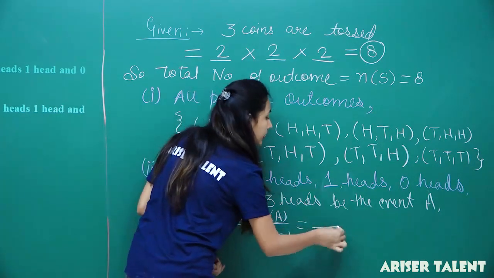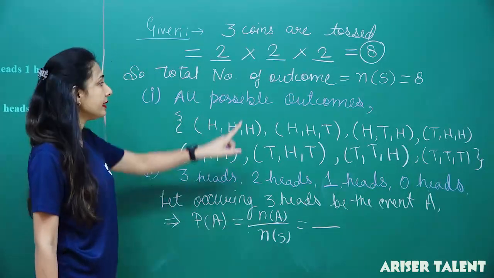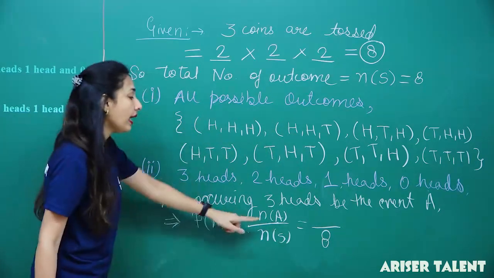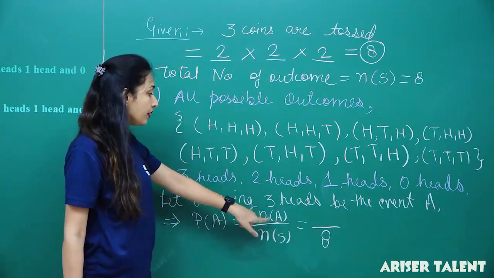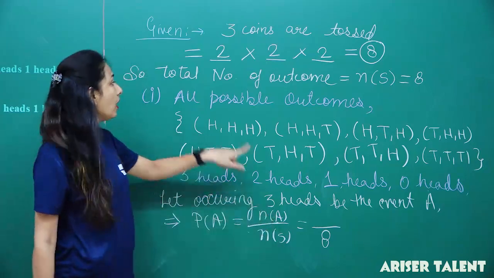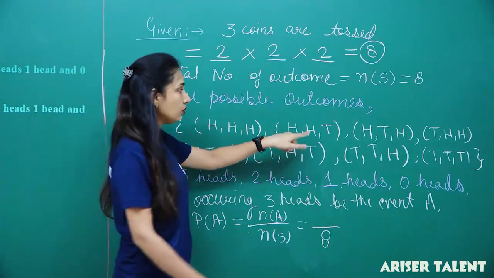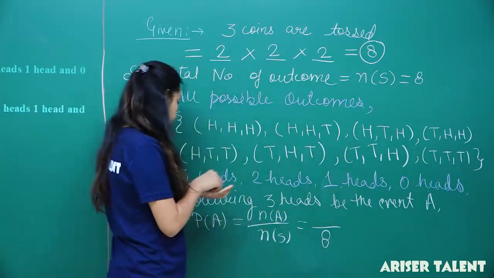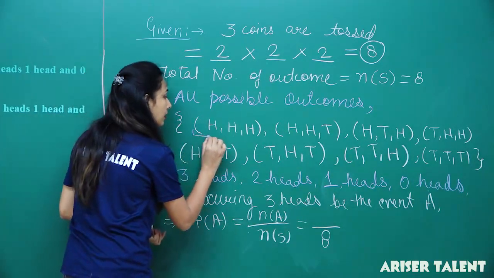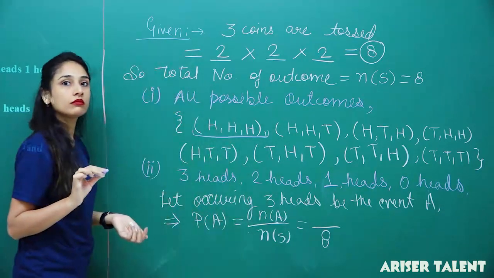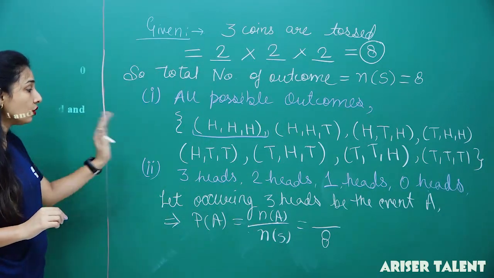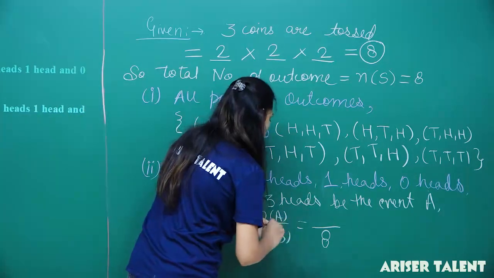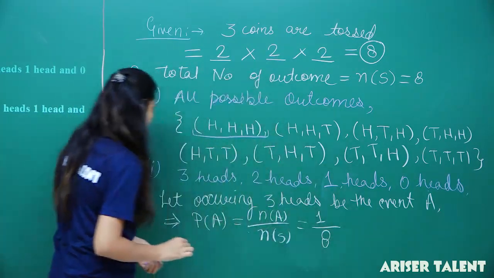Now students, tell me what is NS? We have already calculated NS, which equals 8 here. So just write down 8 here. Now NA is the possibility of occurring 3 heads. Here 3 heads, no, no, no, no, no, no and no. So there's only one with 3 heads. So NA should be equal to 1 only, right? So we'll write 1 here.